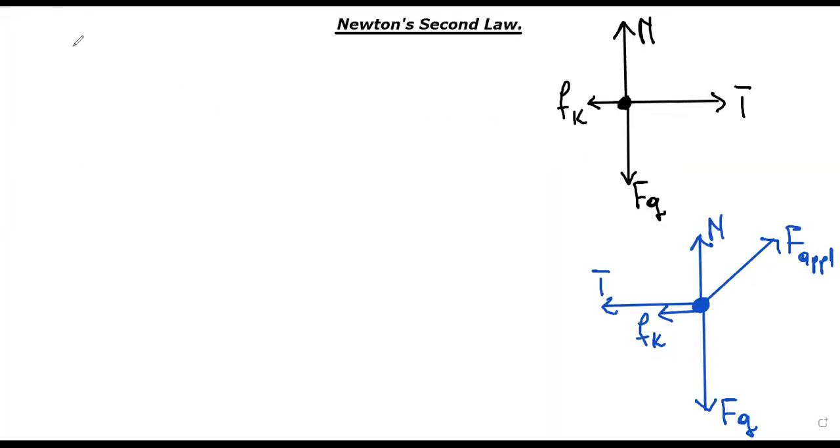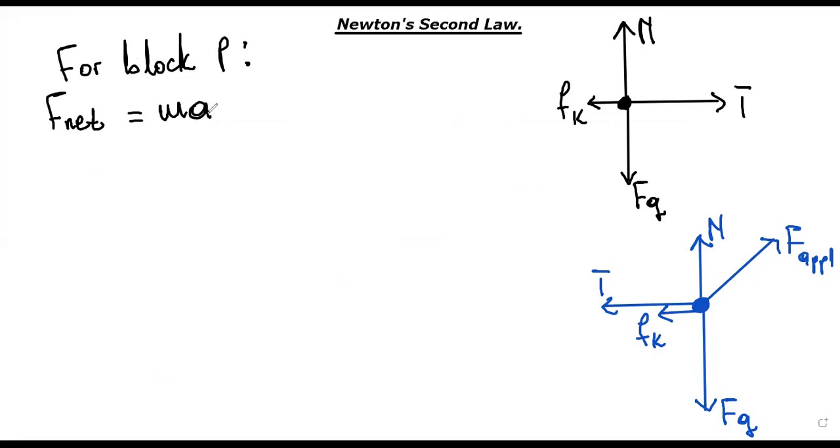So we tell them that we are considering the block, or the grade, it's up to you, P, right? So if we look at grade P, we tell them that the net force acting on this grade is equal to MA. But what is the net force in this case? And we didn't assign the direction. Do you remember that? But if you remember in the previous video, I told you that we take the direction of motion as positive.